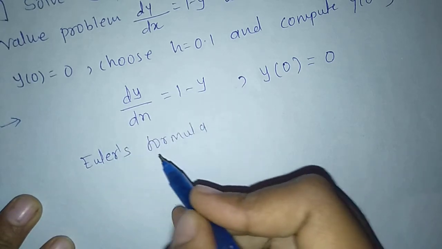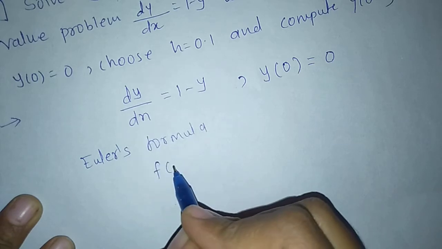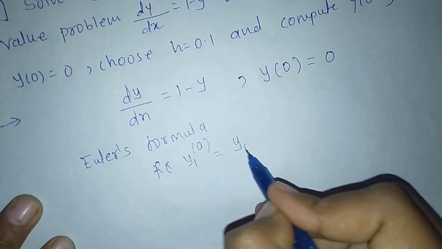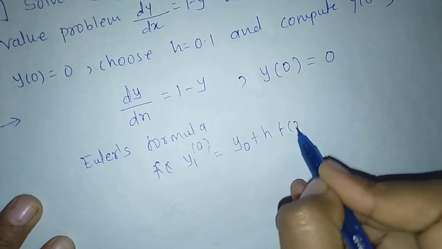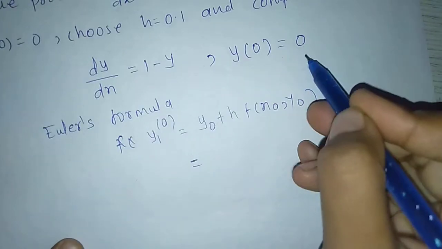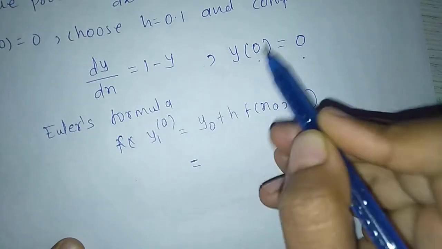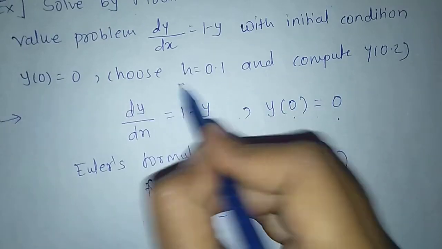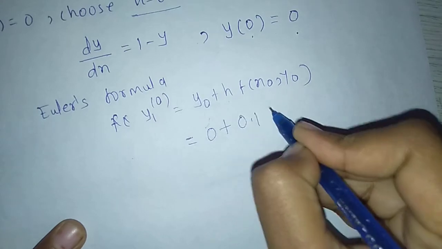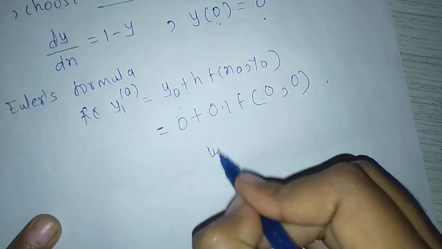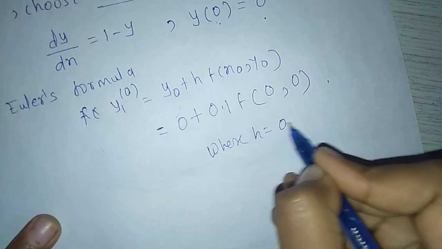Now for Euler's formula, first we have to take y1 raised to 0 equal to y0 plus h f of x0 y0. Here y0 is 0 and x0 is 0, h equal to 0.1.